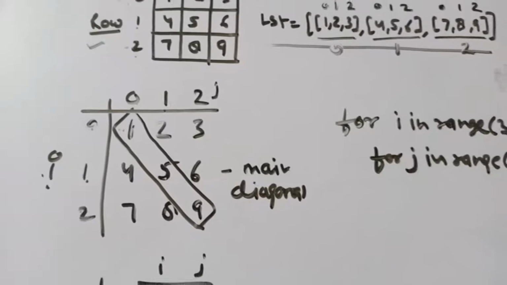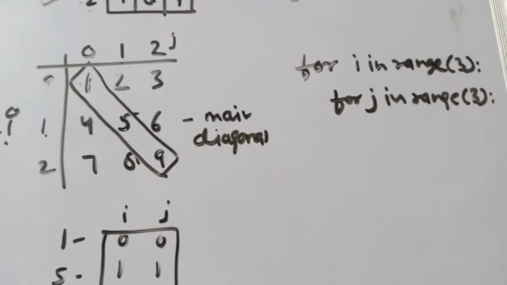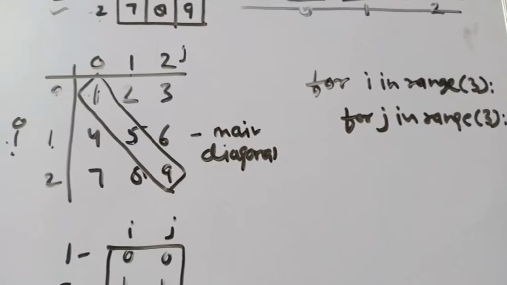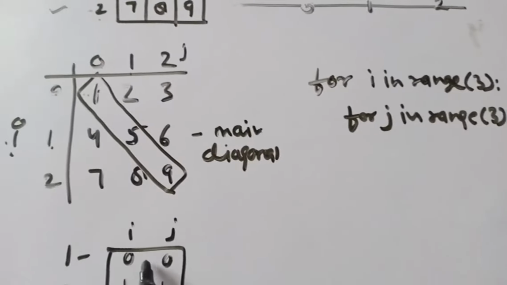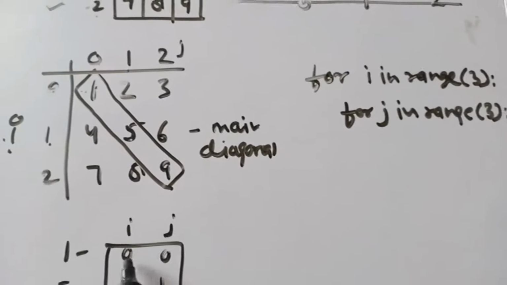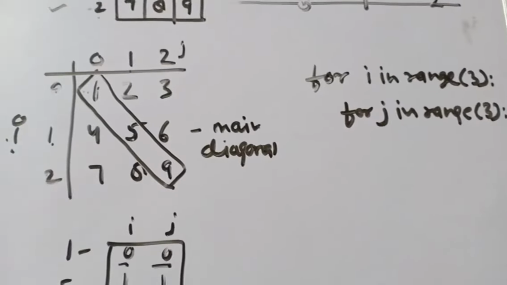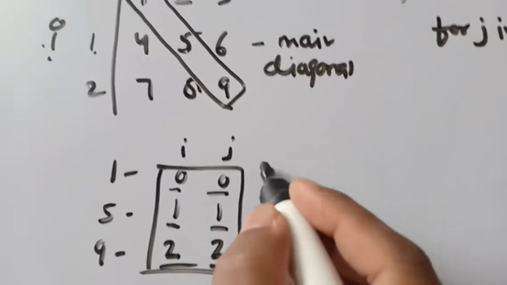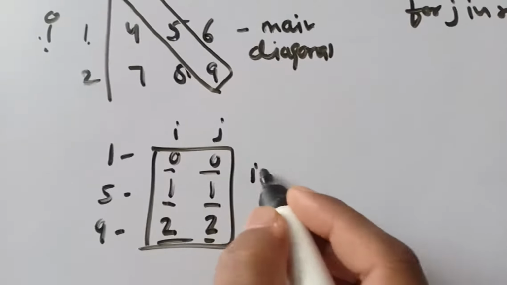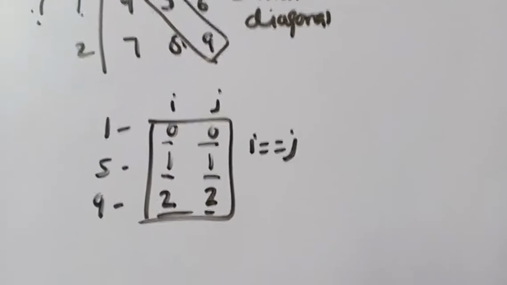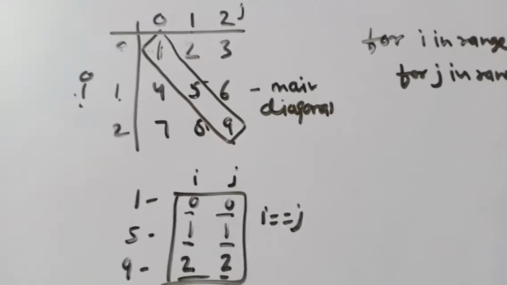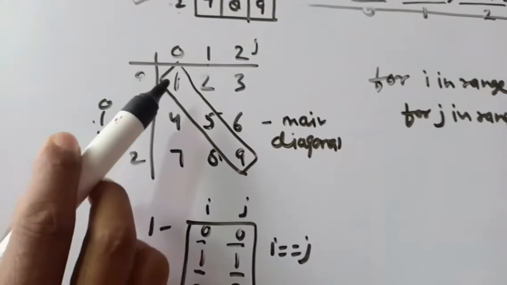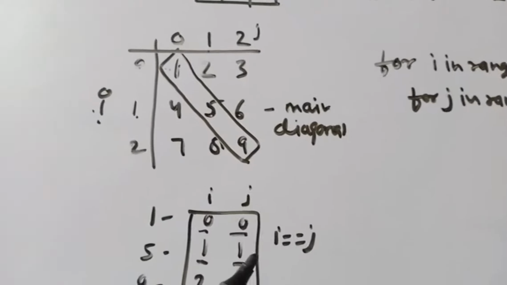These are the addresses of the values 1, 5 and 9. We just have to create a relationship between the addresses of rows and columns. What is the relation shown here? The relation is directly shown here: I double equals J. Wherever I is equal to J, the values of the main diagonal lie.